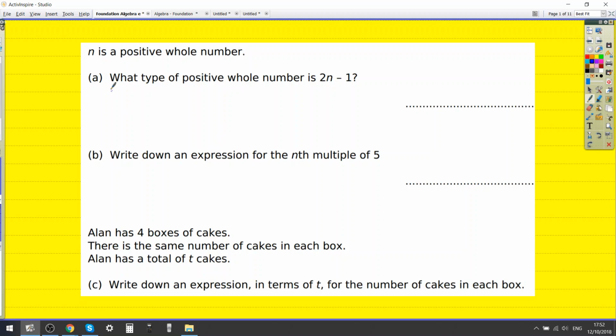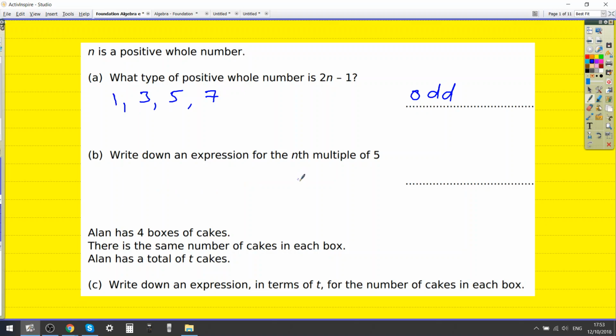So 2n take away 1. Find the first, second, third term. n is 1, so it would be 1. Then 3, 5, 7. And so what type of positive whole numbers are you getting? Odd. Yeah. And 2n plus 1 will give you the same thing, odd.